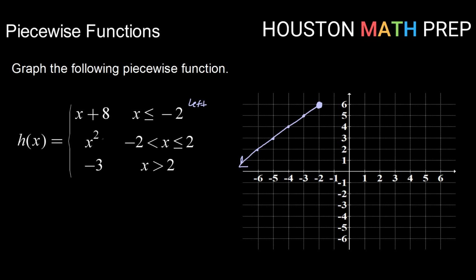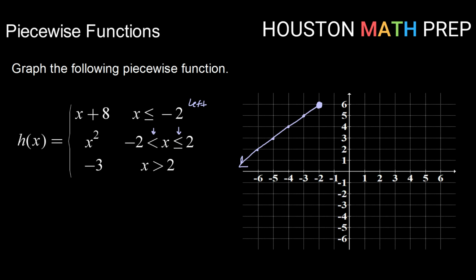Now for my middle piece, I want to graph between -2 and 2, the graph of x squared. On the left-hand side of that, I'm going to have an open circle because I have a strictly less than. And on the right-hand side, I'm going to have a closed circle because of this equal to.